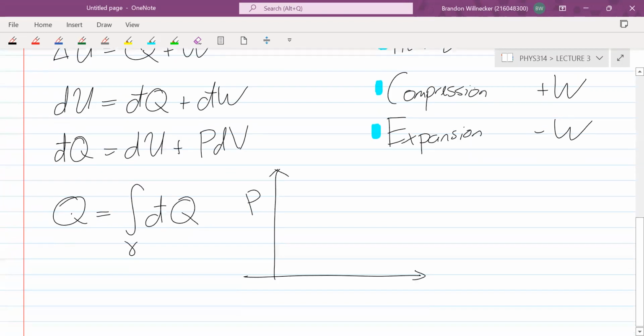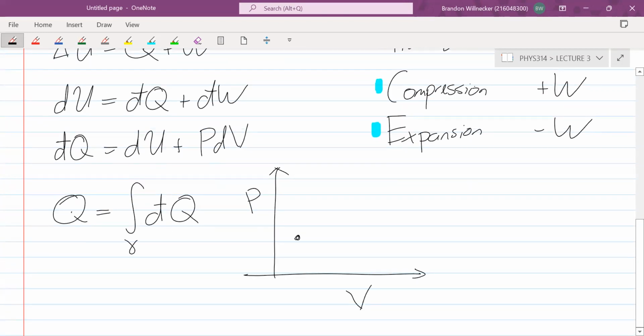So a little picture to keep in mind. Let's say we've got our PV diagram again. We start at this point, we end at this point. We do some process, doesn't matter what. We integrate this differential đQ over this curve gamma. And that will give us the total amount of heat transferred. So if it's plus, then the system absorbed heat, energy went up.